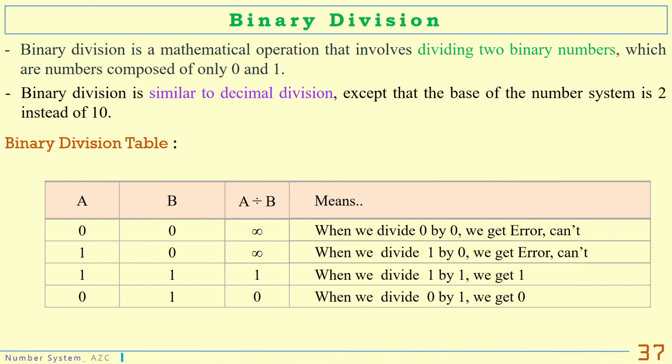Binary division table. When we divide 0 by 0, we get error. When we divide 1 by 0, we get error. When we divide 1 by 1, we get 1. When we divide 0 by 1, we get 0.